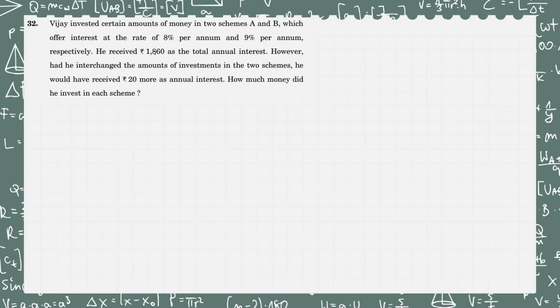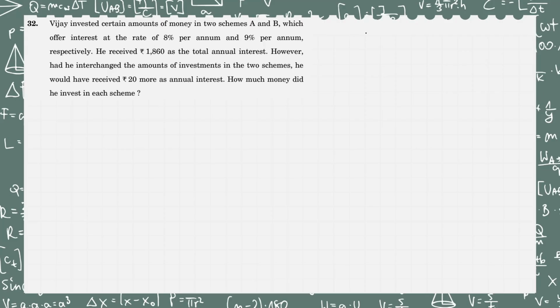He received rupee 1860 as the total annual interest. However, had he interchanged the amounts of investments in the two schemes, he would have received rupee 20 more as annual interest. How much money did he invest in each scheme?